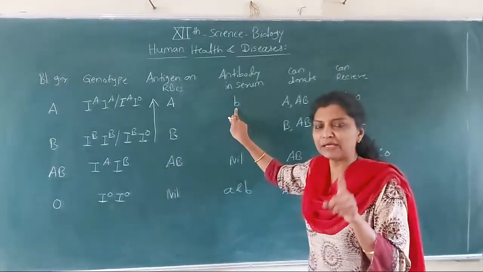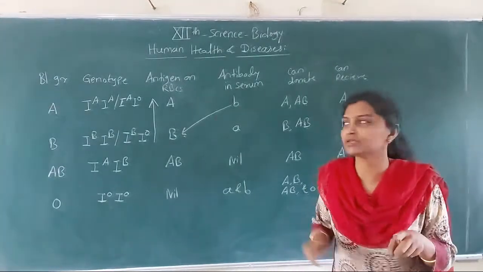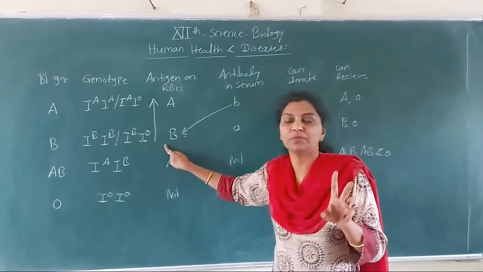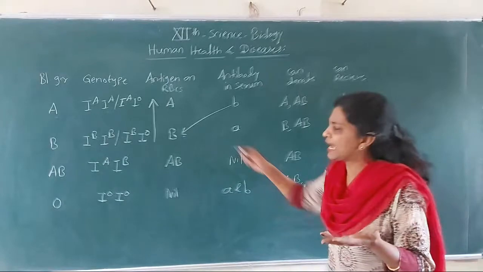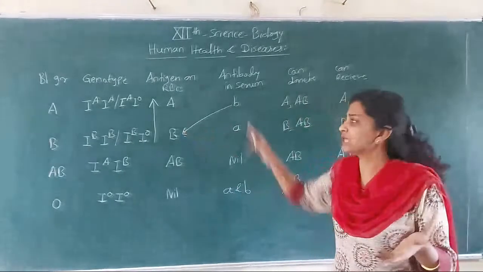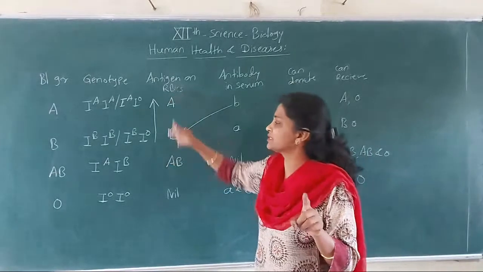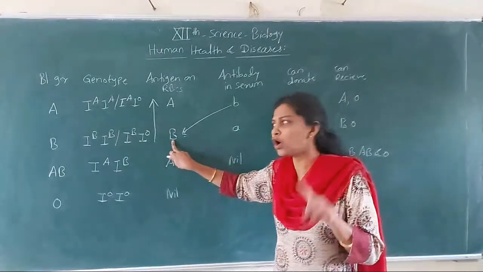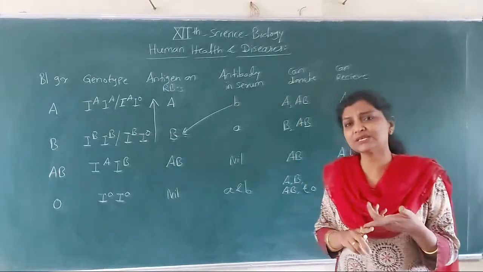These B antibodies attack the antigens which are present on the RBCs of B blood group. So attack केल्यामुळे काय होणार आहे?